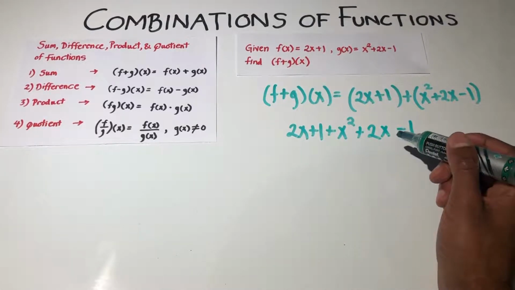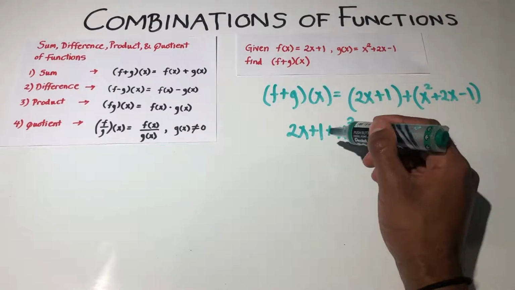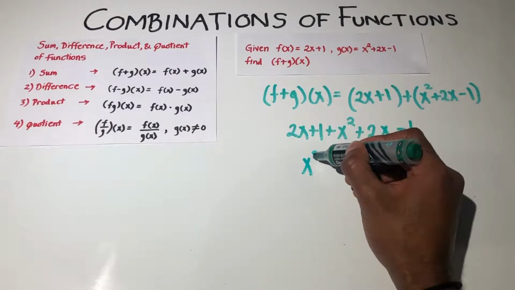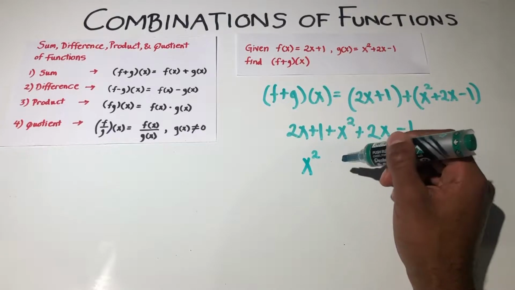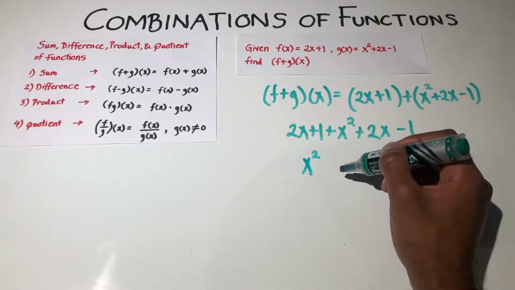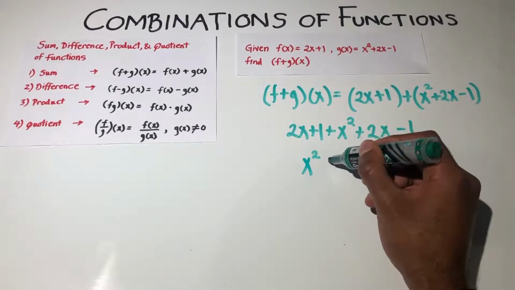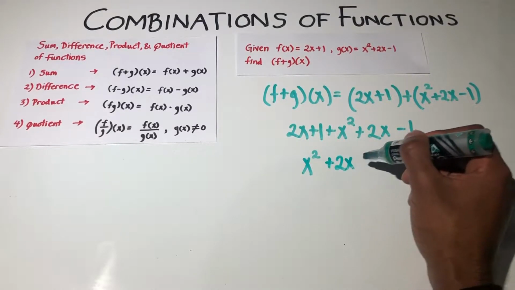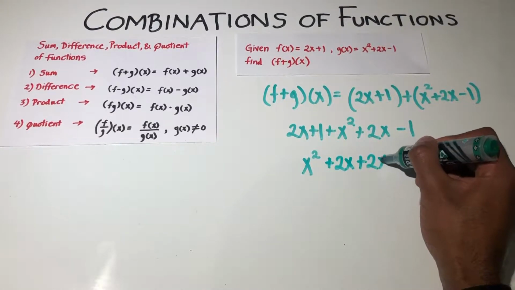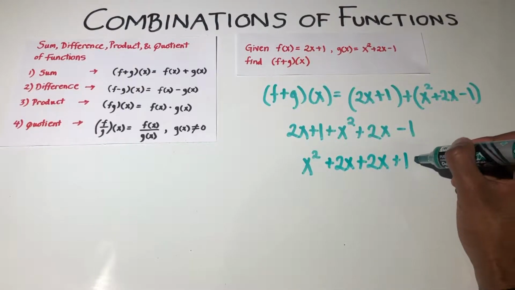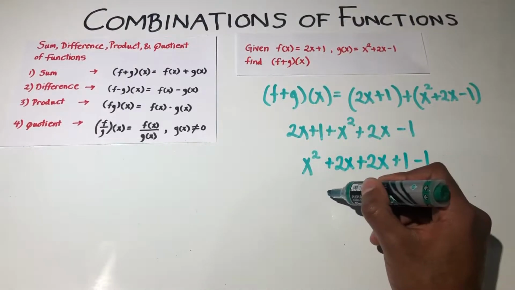If we group like terms, we have x squared in the front. You want to keep that in the front since it has a higher power. x squared plus 2x plus 2x plus 1 minus 1. And we can clean that up.